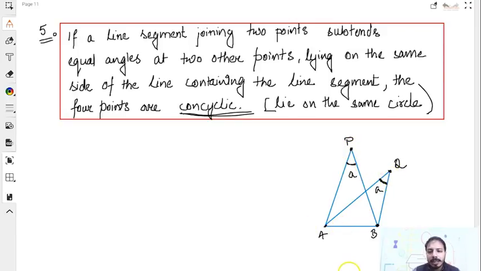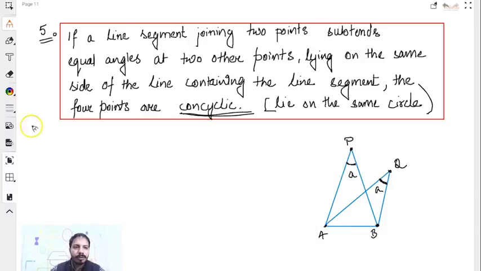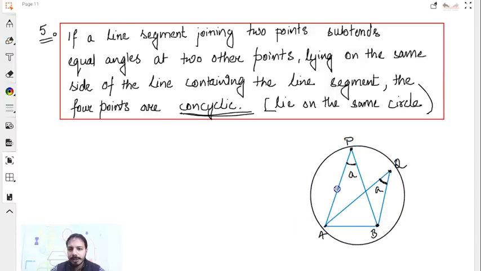I cannot take P and Q on the opposite sides of this line. So both of them are on the same side of the line, right? Once I do this, then I can say that A, P, B and Q are concyclic. Okay, so now let me try to do this. Let me try to see if I get this as concyclic or not.